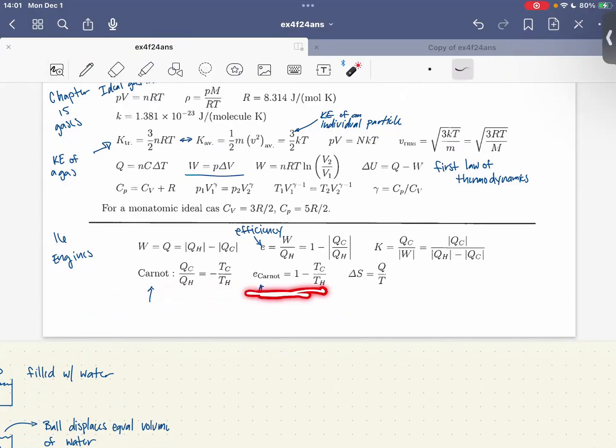This one looks pretty good too, because we have TC over TH. But if you look at this formula, you can get to QH, but you can see that just using this efficiency is one step shorter than going through this ratio.